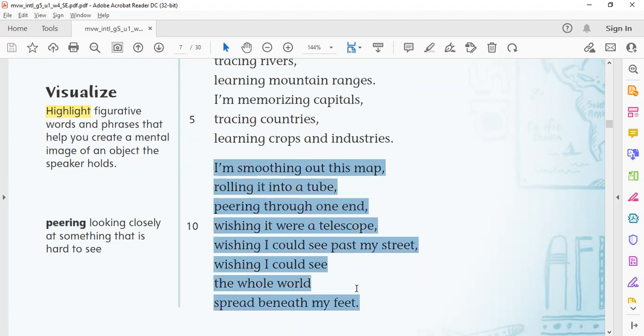She's holding a what in her hands? A map. And this map, she turned it into a what? A tube. Very good. She turned it into a tube.